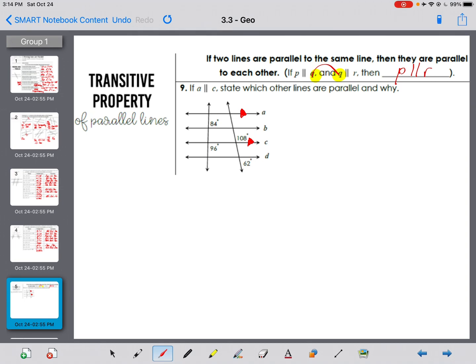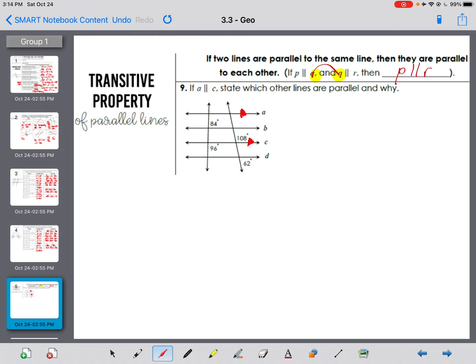We don't have any angle data on A, but if we can say that A is to B or B is to C, then we know A is to the other as well. So let's see. What do we got here?